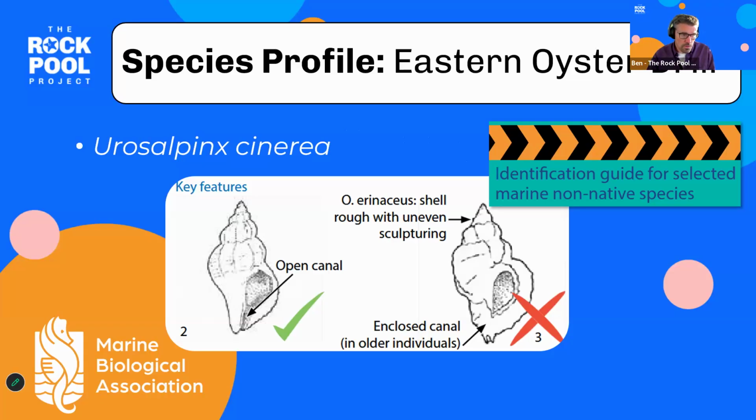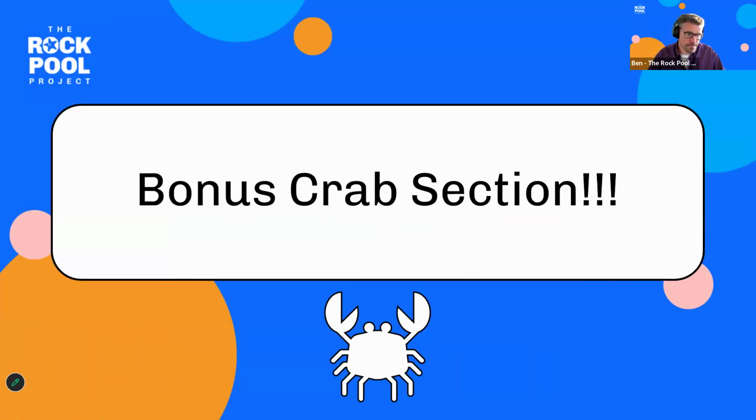For this non-native species, it tends to be open, whereas for the native species, it tends to close up. Isn't really the greatest help, I would say, because they only really close up for the older individuals. If you get a younger individual of the native species, it might actually be open. So you really need to focus more on the general roughness of the shell to see if you've got a non-native species there.